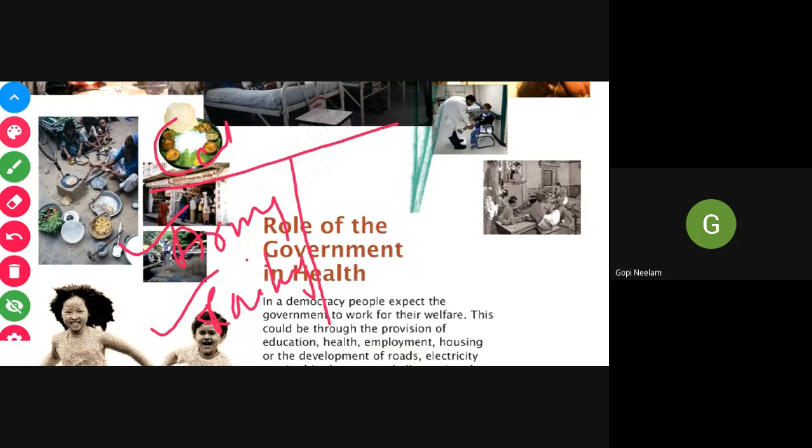At the same time, we already discussed the state government, for example, road transportation, RTC, police, and public health care.